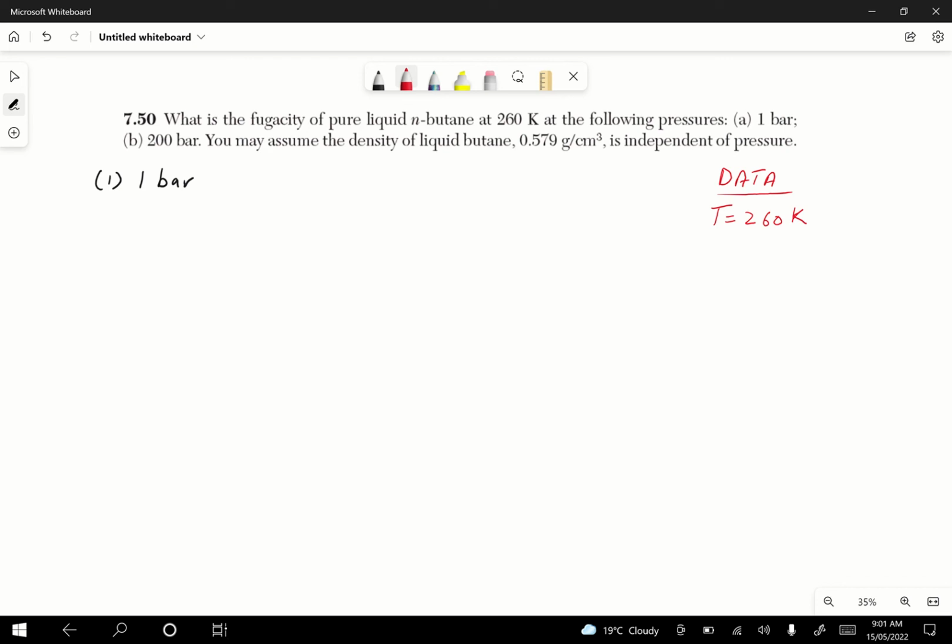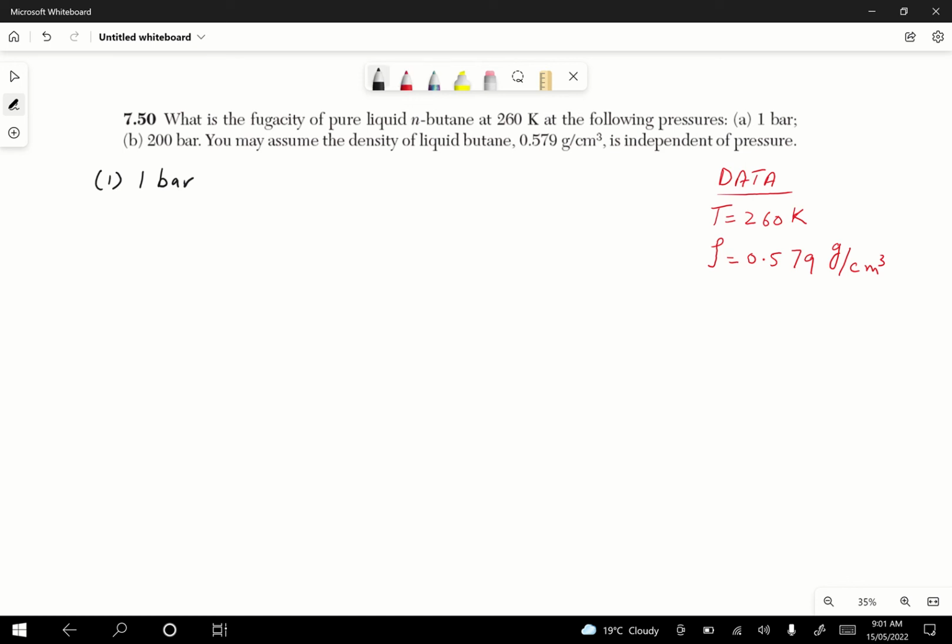Density, denoted by rho, is 0.579 gram per cubic centimeter. So we need to calculate the fugacity of liquid at 1 bar and then at 200 bar.